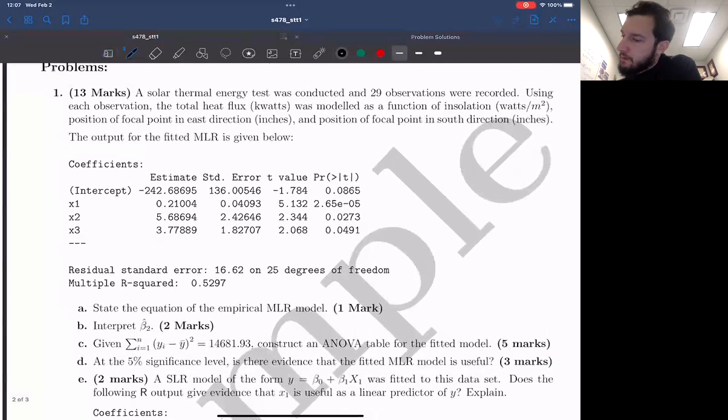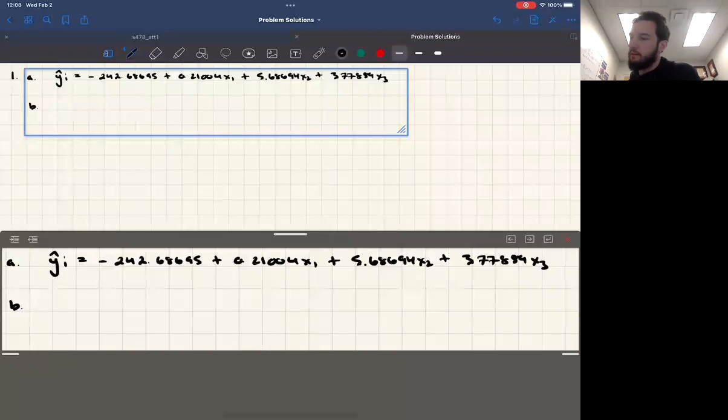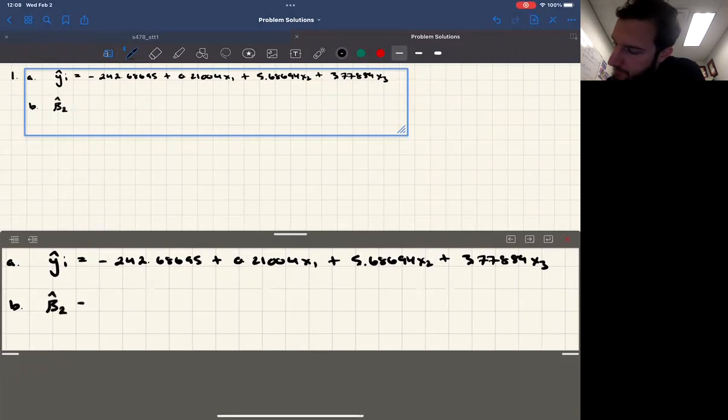Okay, so our response variable is total heat flux in kilowatts. X2 would be the position of the focal point in east direction in inches. Okay, so beta hat 2 is equal to 5.68694.